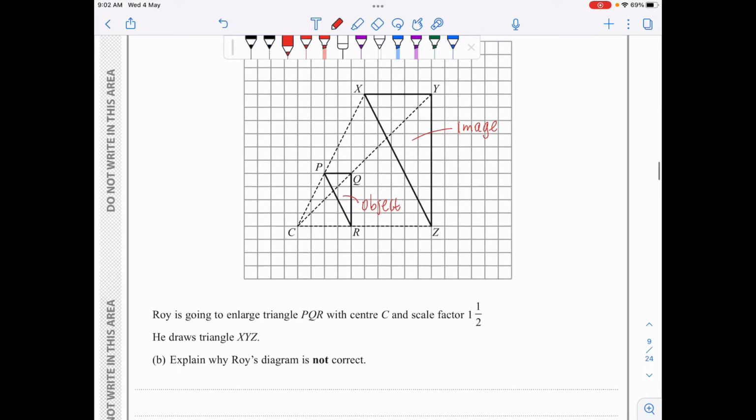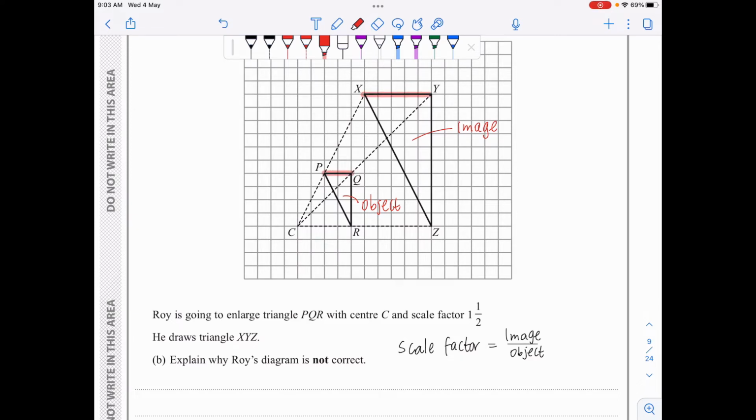Now, we know that the scale factor is image over object. So I'm just going to take a length on the image and find the corresponding length on the object. If I do image over object, I should be finding the scale factor. In our case, I'm going to consider XY, and the corresponding side is PQ.